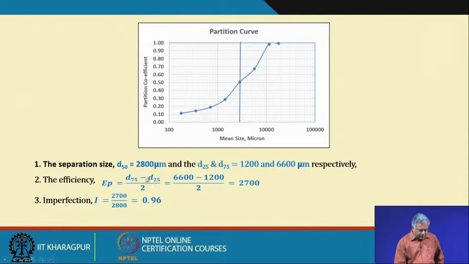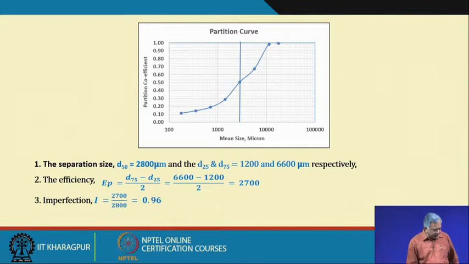So EP by D50 will give you the imperfection: 2700 by 2800 is equal to 0.96. If it were a perfect separation, it should have been 2800 by 2800, that is 1. So, your imperfection is 0.96.